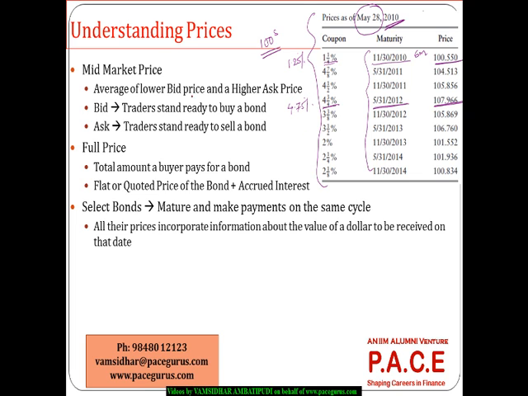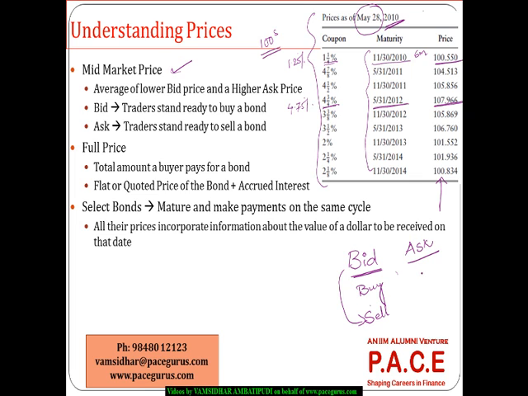Now a few things. These prices are mid-market prices. What are mid-market prices? They are the average of the bid and the ask price. Bid is the price at which the dealer, not you, wants to buy, which means you will be selling it. If you are an investor, you will sell at the bid price because the dealer will buy at that price.